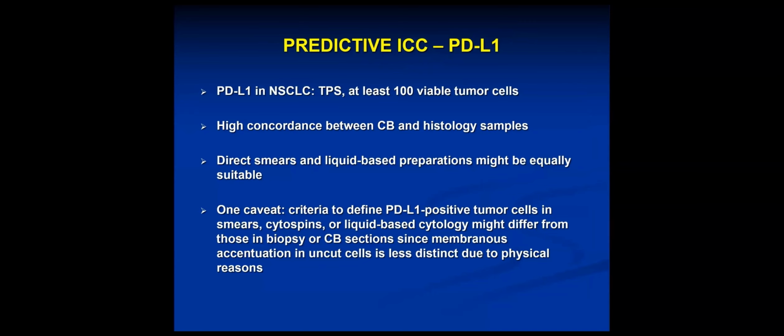Regarding PD-L1, there is a notable high agreement between cell blocks and histology samples. Direct smears might also prove equally applicable. However, a caveat exists. Criteria for identifying PD-L1 positive tumor cells in smears, cytospin, or liquid-based cytology might be different from those in biopsy or cell block. This discrepancy is due to the less distinct accentuation in uncut cells due to some physical reasons.